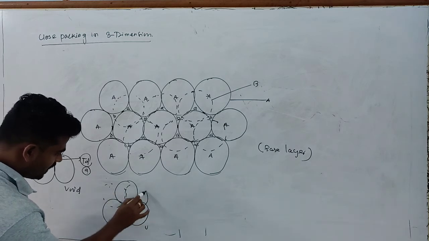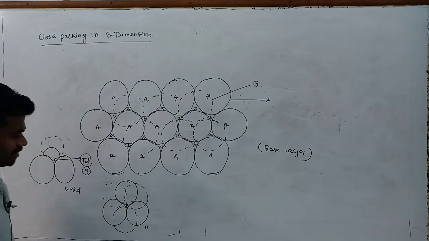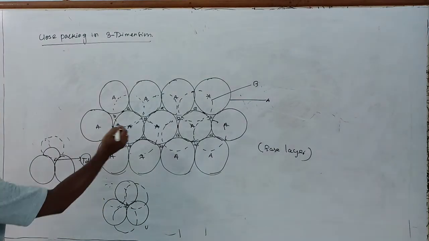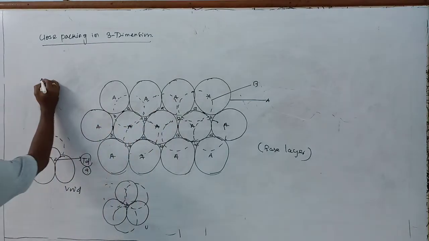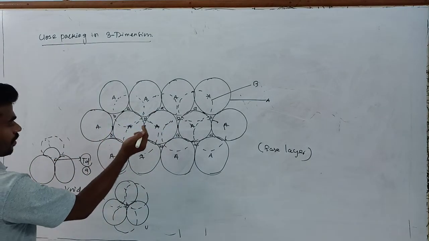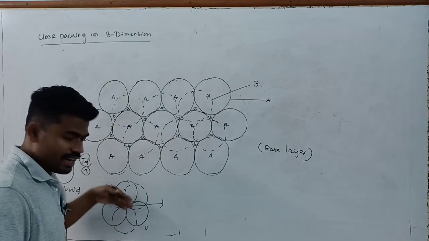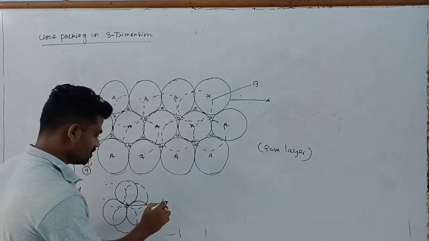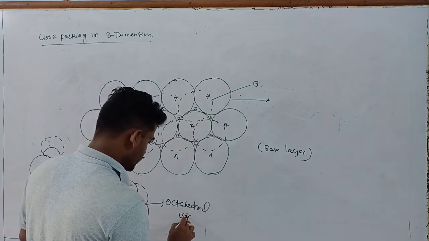If I place the second layer over here, so here is B. Just imagine. For this B, if I consider this void, it is attached with 3 above and 3 below, 6 spheres. So this is your octahedral void, B, octahedral void.